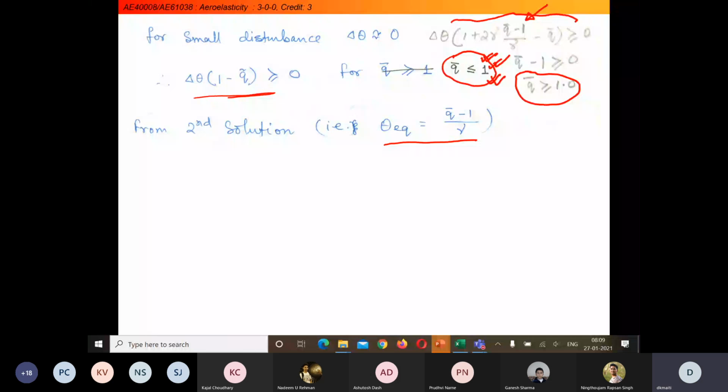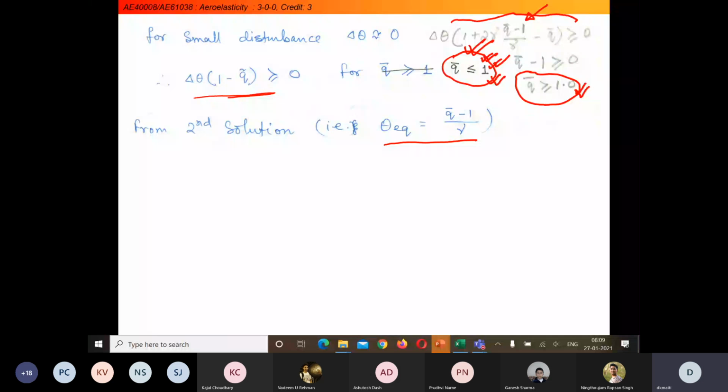Now let me come to this nonlinear cubic equation. Here we are taking the elastic moment in terms of the linear spring and the cubic spring, and the aerodynamic theory we are still taking as linear theory.